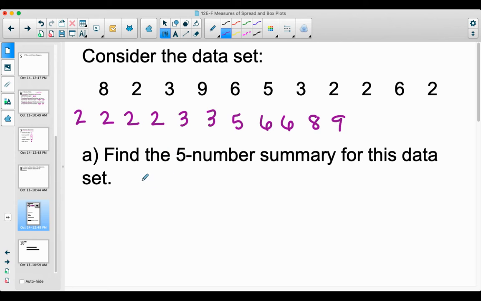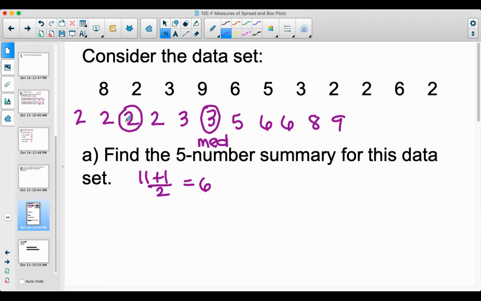If you recall, to find our median, that's the first thing that we have to find. 11 plus 1 over 2 gives us 6. So the sixth number is going to be our median. So 1, 2, 3, 4, 5, 6. Here is our median. And then remember, your Q1 is the median of the lower half of your data.